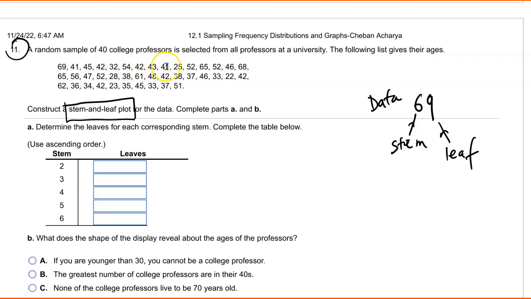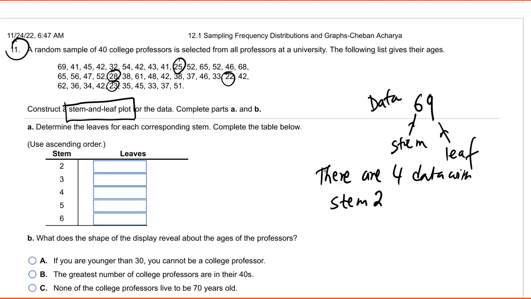Let me read that for you. 25 here, 28 here, 22 here, 23 here. Okay. Therefore, how many data do you have with stem 2? 1, 2, 3, 4 data. Let me write something down here. There are 4 data with stem 2, right?